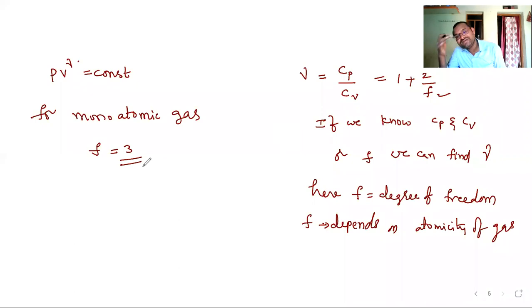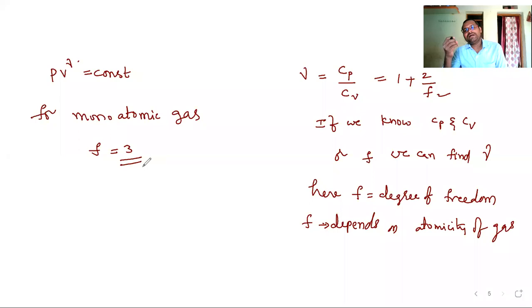We will discuss in detail in next chapter. One gas molecule is free to move in all directions, means it can move along x-axis, along y-axis, and along z-axis. So its degree of freedom is 3.